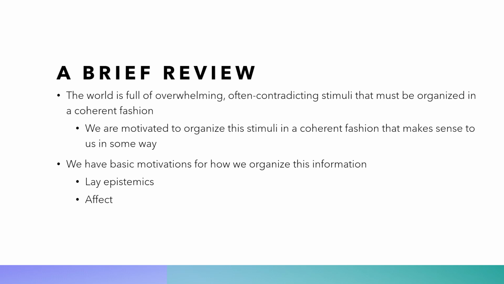Also realize that we have basic motivations for how we organize this information. And we covered that with the lay epistemics and then the affective motivations. As we move through the next part of the lecture, keep these in mind.